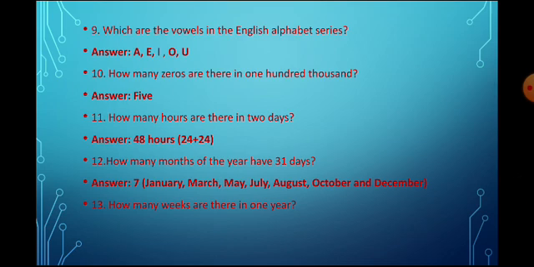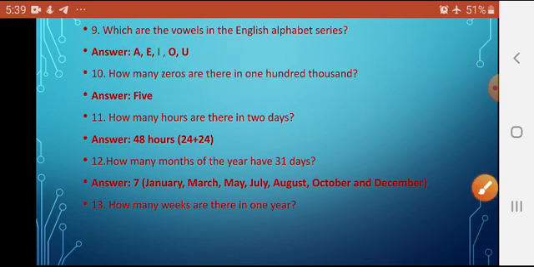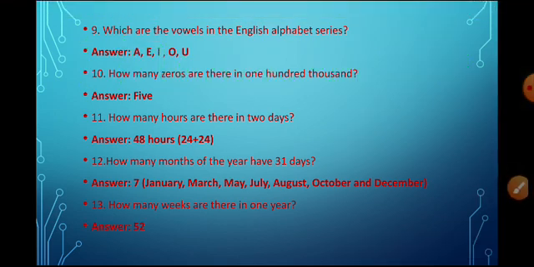Approximately in a month there are 4 weeks. 1 month is equal to 4 weeks, and some months which have 31 days may have 5 weeks. So the total number of weeks is 52.